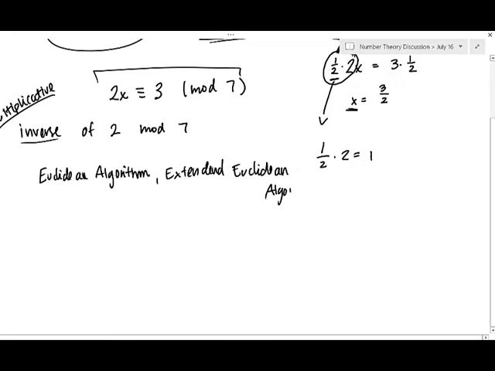At least on this problem, we're going in knowing it should be 4. With the Euclidean algorithm, what we're looking for is the GCD of 2 and 7. I'm going to start with the largest input, and the smaller input becomes my divisor. 2 goes in there 3 times plus a remainder of 1.